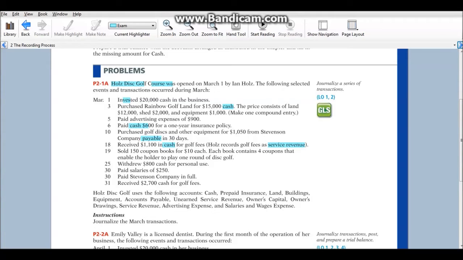Okay, now I assume that you might look at this word sold, for $10 each. Each book contains 4 coupons that enable the holder to play one round of disc golf.